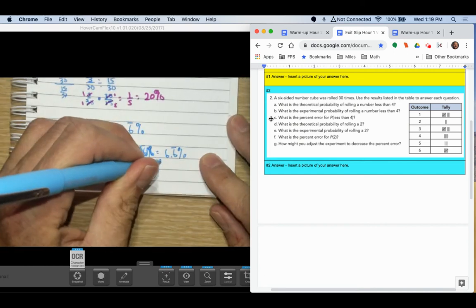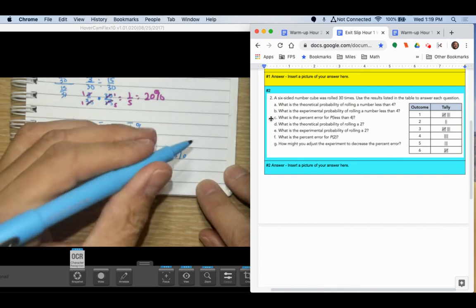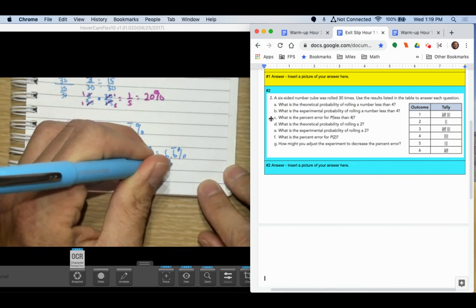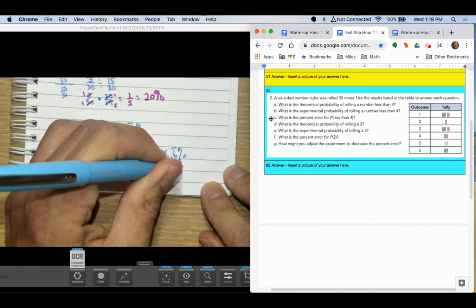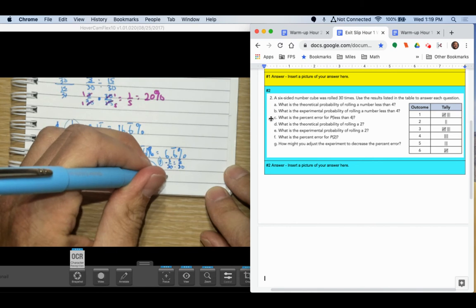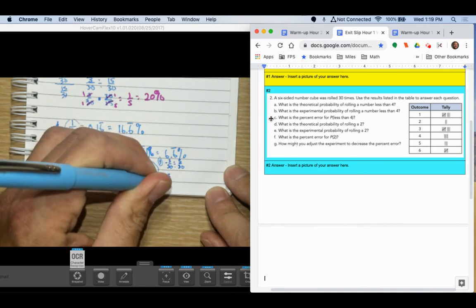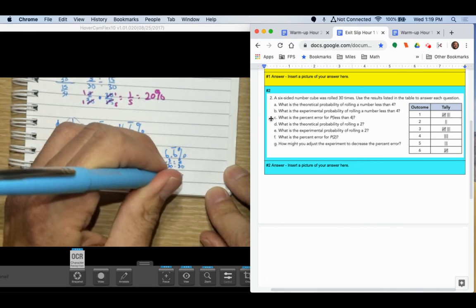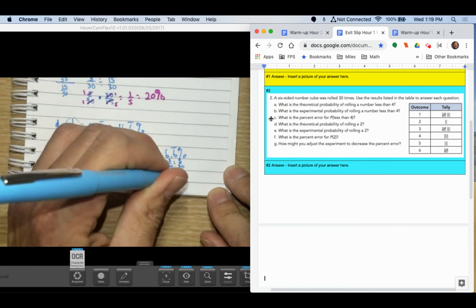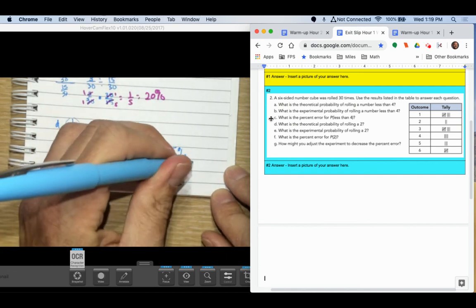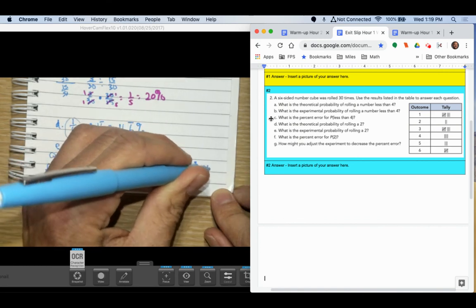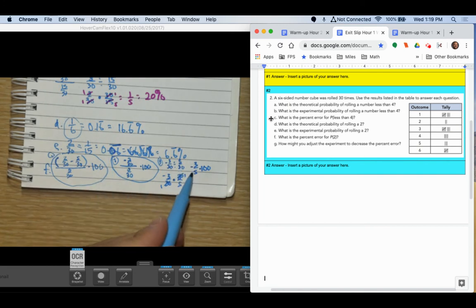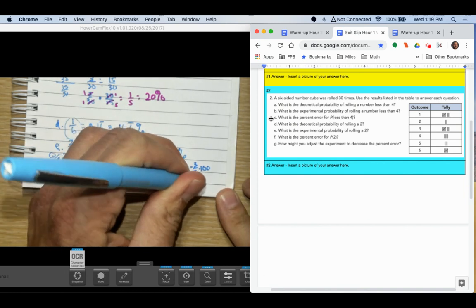Step 3, this is a crazy complex fraction, which I can rewrite as negative 3/30 divided by 5/30, which I could then rewrite as keeping that the same, negative 3/30 times 30 over 5. If I reduce 30 over 30 is equal to 1, then this is going to be equal to negative 3/5 times 100. 3/5 is equal to 0.6, negative 0.6. Negative 0.6 times 100 is going to be negative 60%.